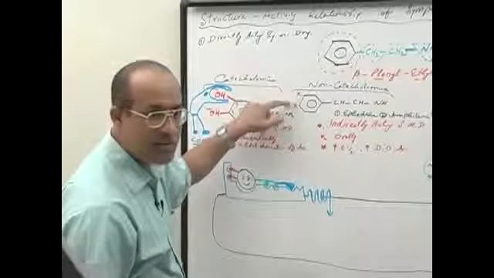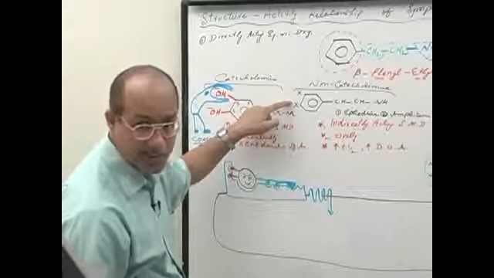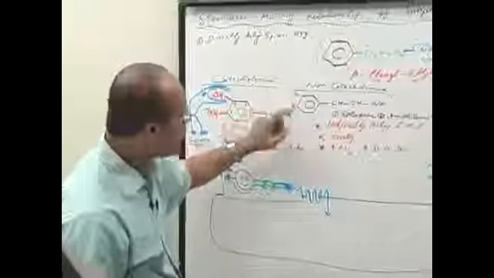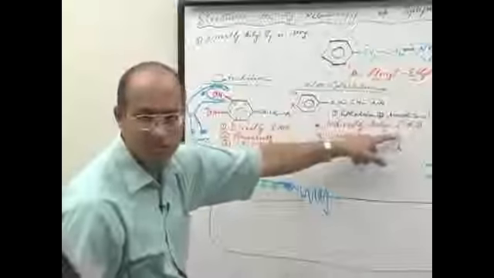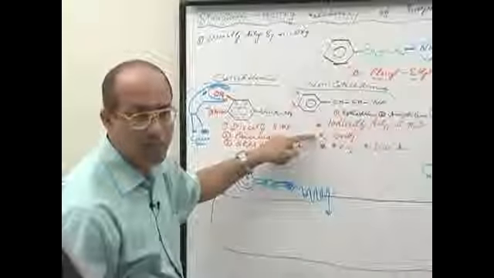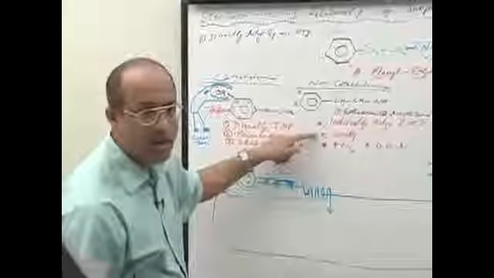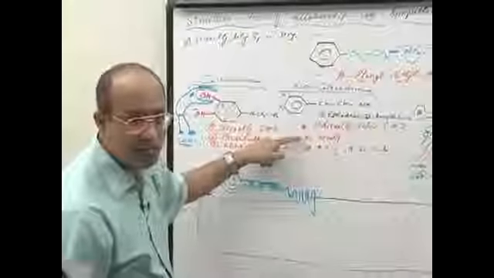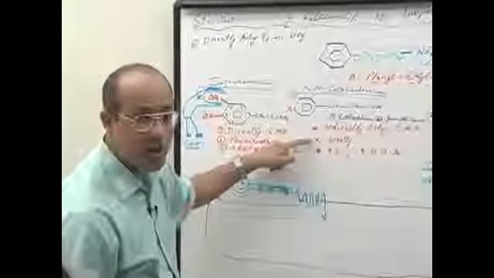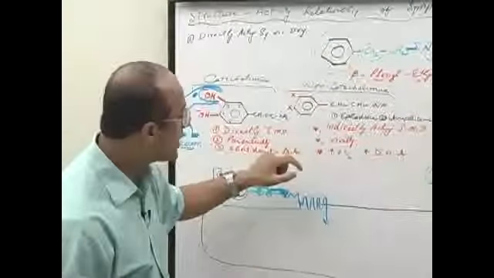They bind with the receptor less, but they are taken up more in the nerve ending and help in release of endogenous norepinephrine. So non-catecholamines are indirectly acting sympathomimetic drugs. Number two, being less polar, they are better absorbed from the GIT. Thirdly, because they don't have a catechol ring, they are not acted upon by COMT, so they have longer duration of action and better bioavailability. So they can be used orally.